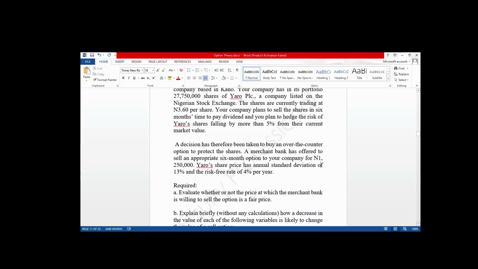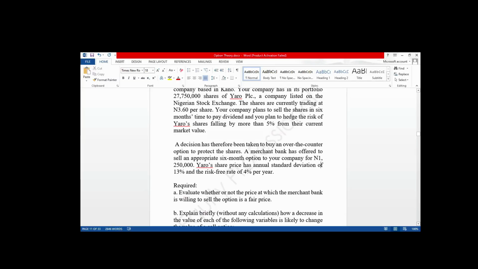A decision has therefore been taken to buy an over-the-counter option to protect the shares.